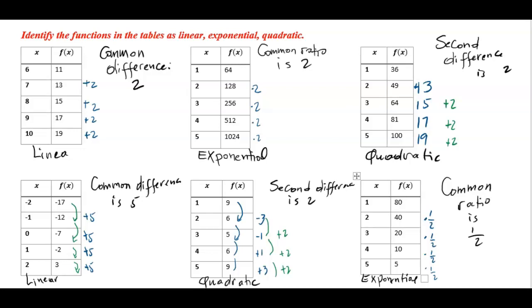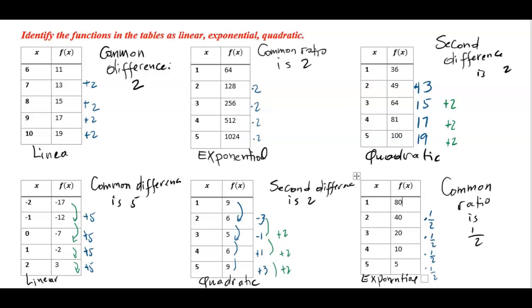Okay, so in summary, we just identified on each table whether each table represents a linear function or exponential function or quadratic function. And remember, a linear function has a common difference, or what we call the first difference.